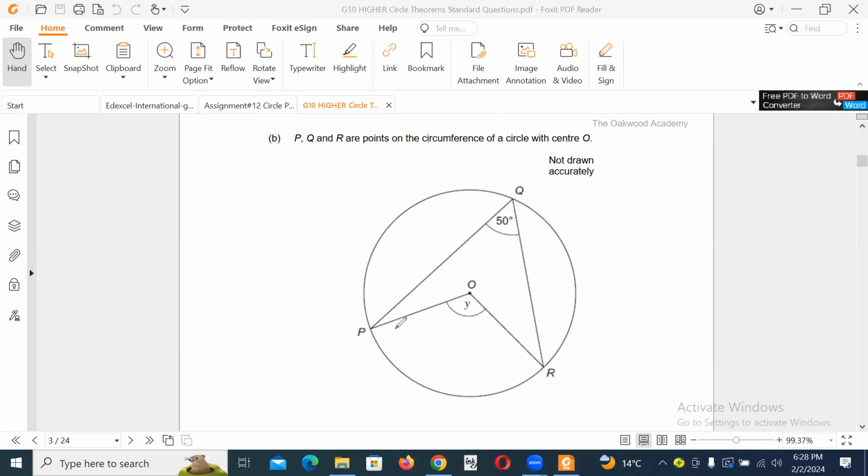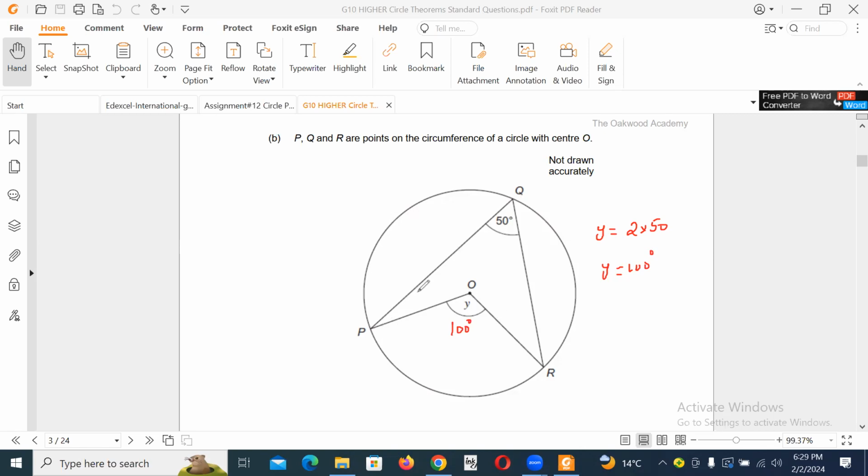The angle subtended at the center of a circle is always twice the angle subtended at the circumference, meaning y is double 50. So y is equal to 2 multiplied by 50, which is y equals 100. So here this one is 100.